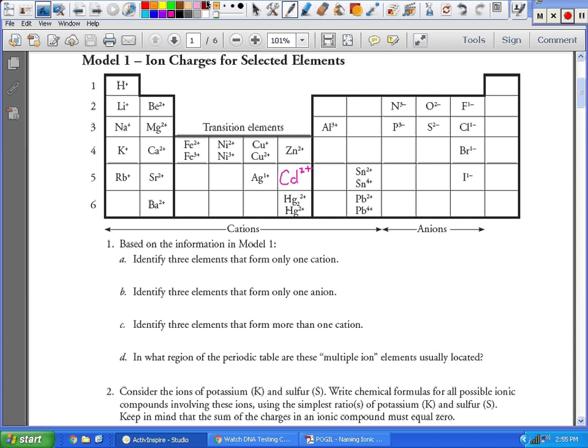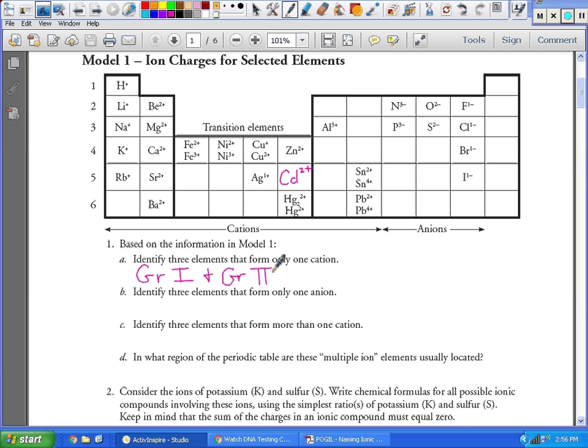Question 1A. Identify 3 elements that only form one cation. Just somebody give me a random list. Li? H? Okay, all right. So here's a complete list. And I do want you to add the 2 that I'm writing in purple or pink, whatever color this is. At least write those 2 things.